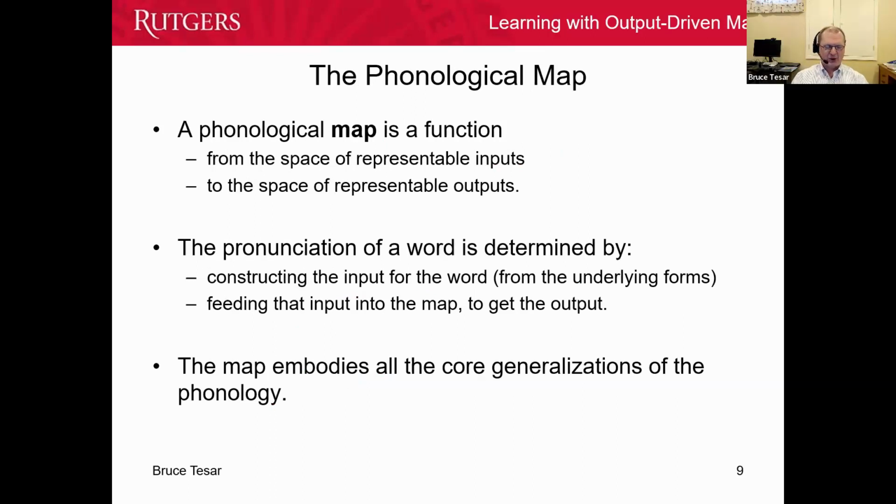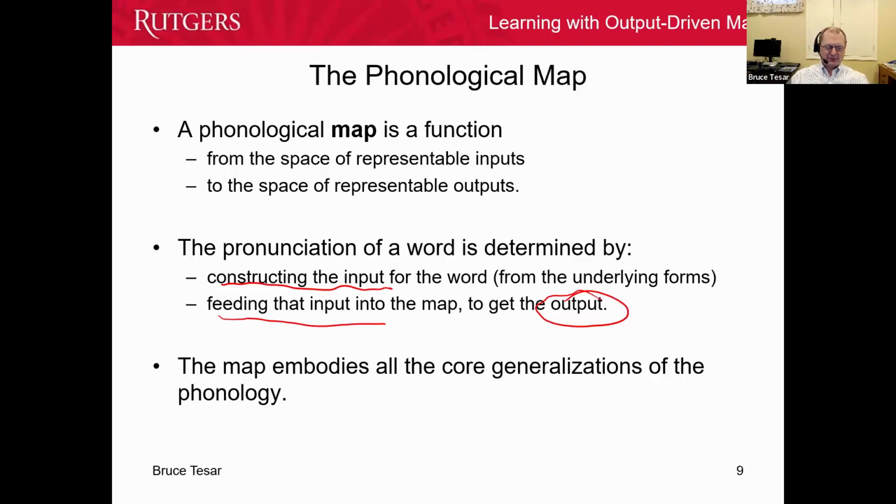And so the map is a function from the space of representable inputs to the space of representable outputs. So the pronunciation of a word is determined by constructing the input and then feeding that input into the map to get the output. And the output is at least the phonological approximation to what you actually hear.